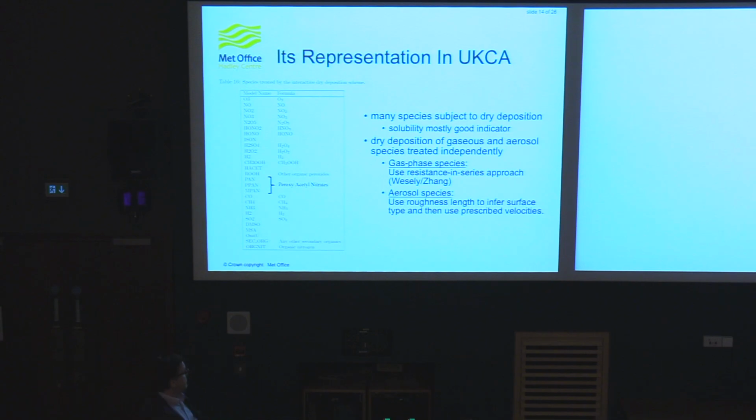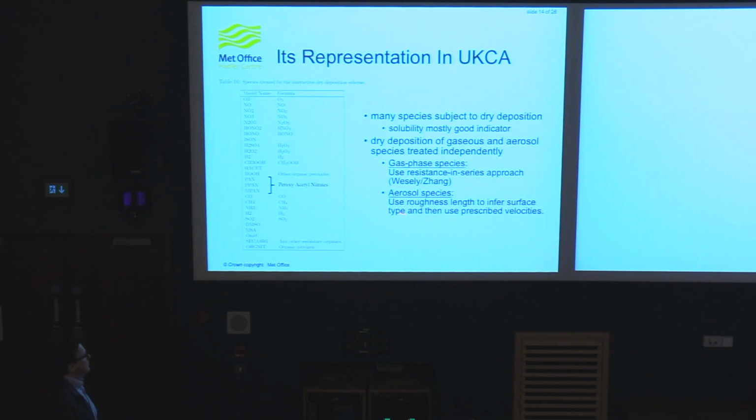In this case, what is done is surface roughness, or the roughness length at the surface, which is basically a measure of how much vegetation there is, how smooth or rough essentially the surface is, and that has implications for the turbulence above that area.